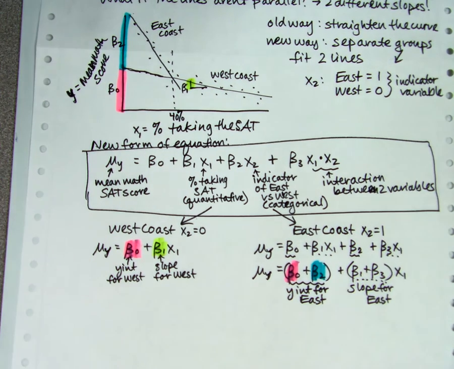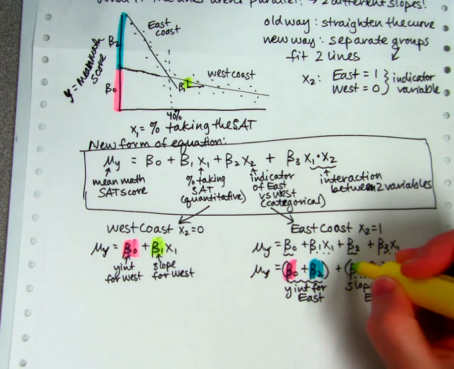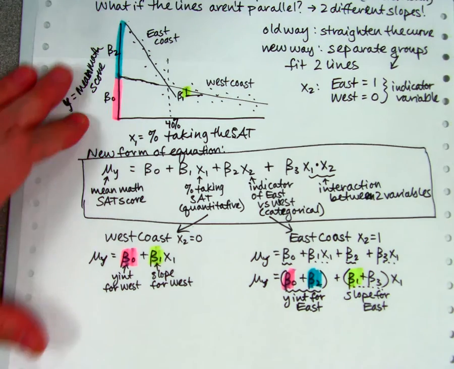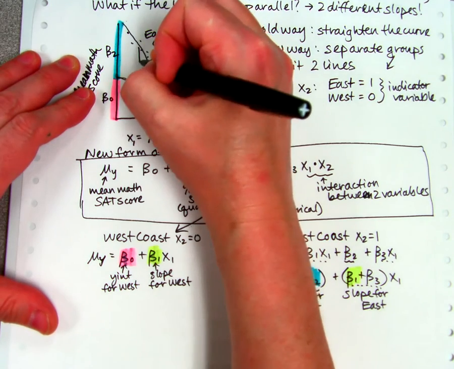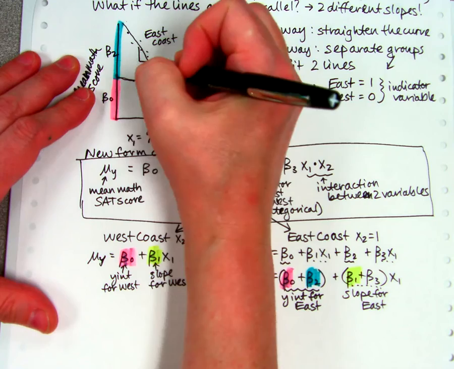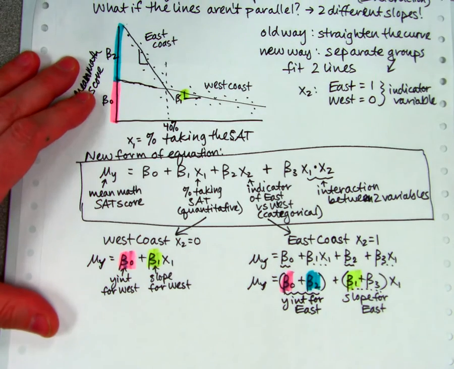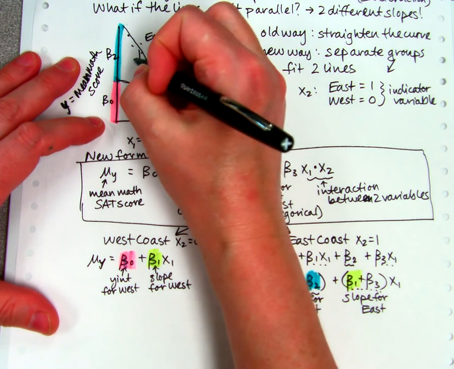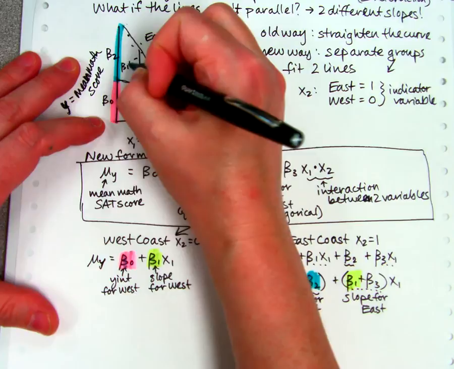Okay, so beta 1, I'm using yellow for that, and I don't have another color handy, so I'm just going to not color code beta 3, but that's okay. Beta 1 plus beta 3 is this slope right here. That is how far down the East Coast goes every time you add a percent. This piece right here is beta 1 plus beta 3.